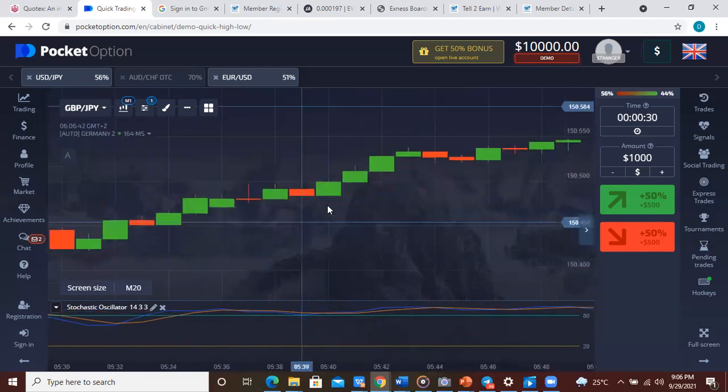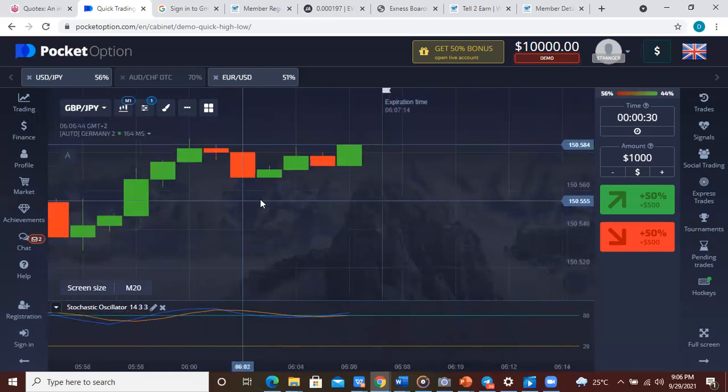Now, when it is overbought, the next thing to happen is that it needs to come down.